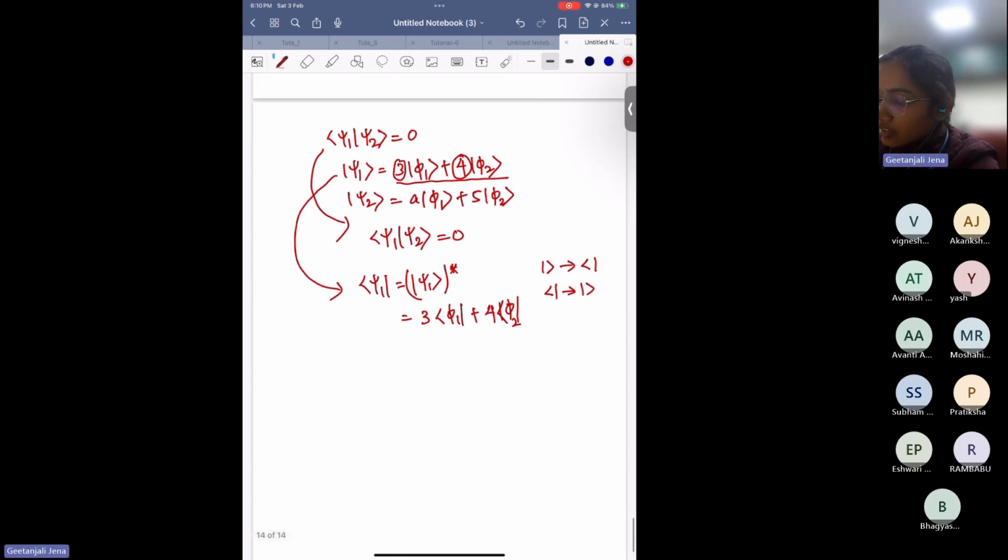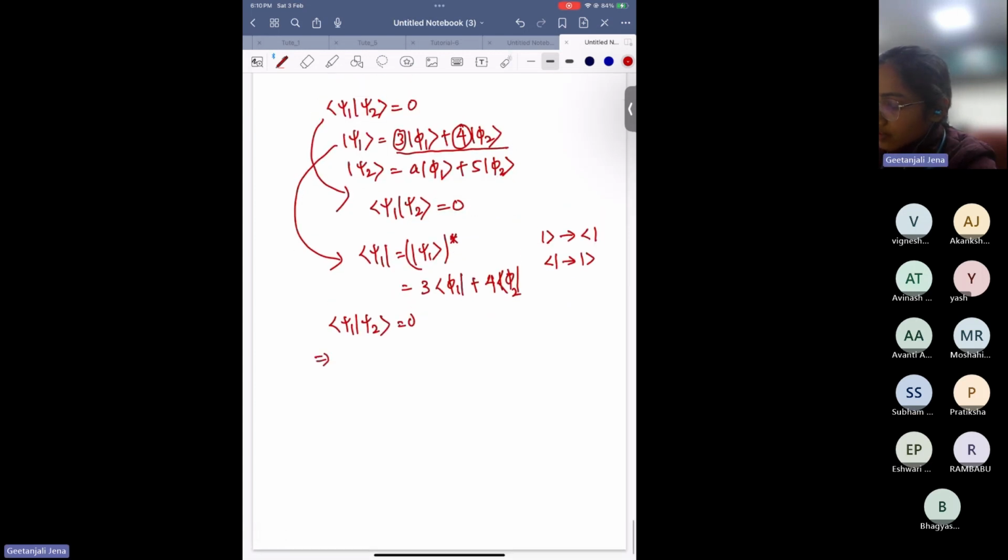Now just put it in the condition, the inner product of psi1 and psi2 equal to 0. So this means 3 bra phi1 plus 4 bra phi2, times a ket phi1 plus 5 ket phi2, must be equal to 0.